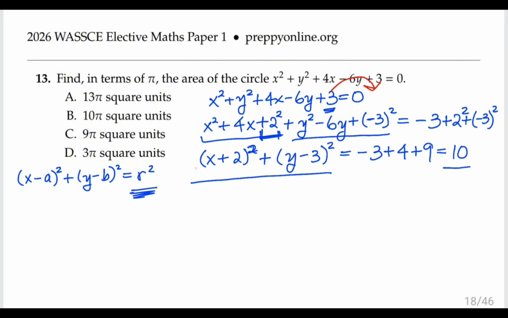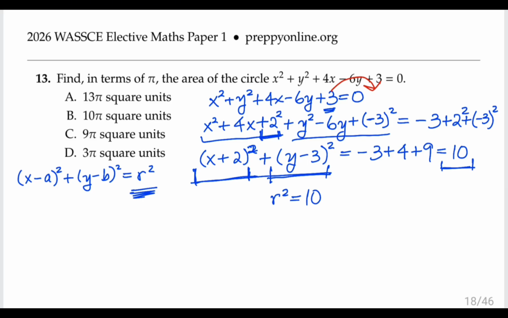So now that we have x minus something squared, and y plus or minus something squared, equal to something on the right, it means that r squared is equal to 10, the square of the radius is 10.